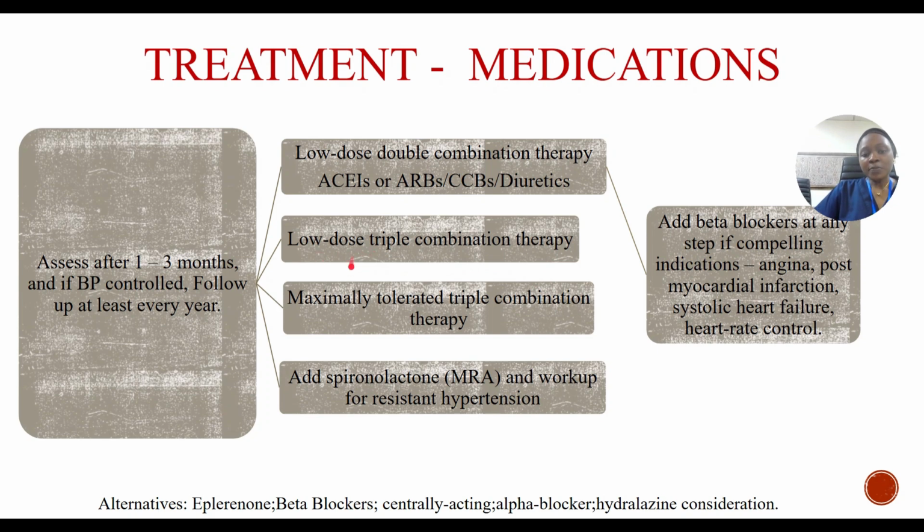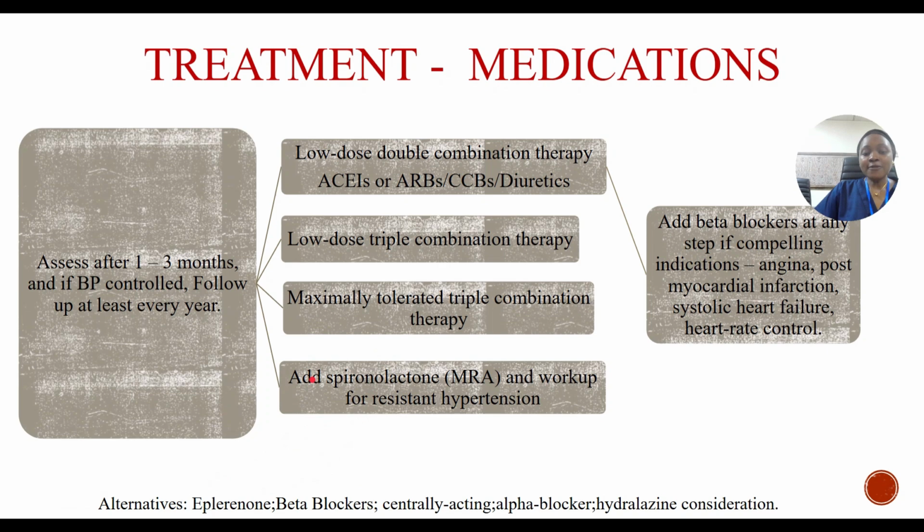If we reassess our patients and blood pressure is still not controlled, then we go to maximally tolerated triple combination therapy. Reassess, and if blood pressure is controlled, that's fine. However, if it's not, then we'll consider adding a mineralocorticoid antagonist like spironolactone and then work up our patient for resistant hypertension, which we'll go into in the next slide.